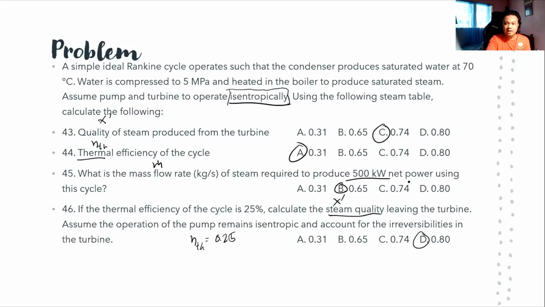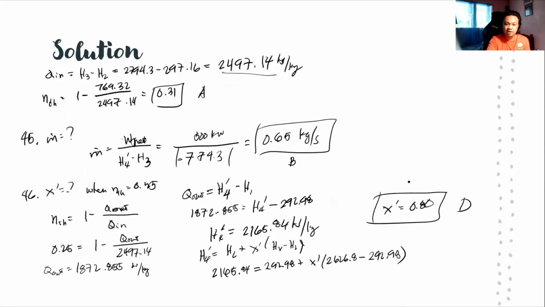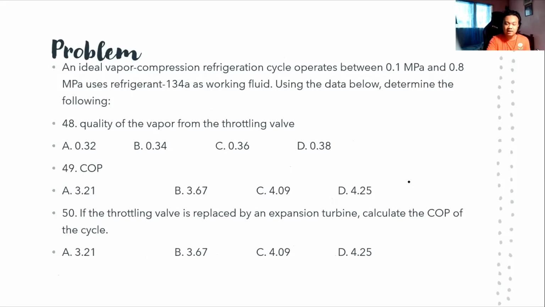Okay, so now let's get to the last problem that I will be giving you. We are dealing now with an ideal vapor compression refrigeration cycle. We haven't been taught this anywhere, and I didn't have it in the review, but I learned it on my own.